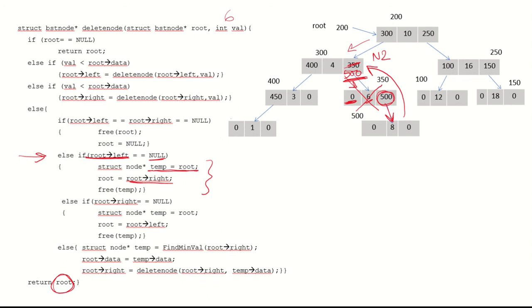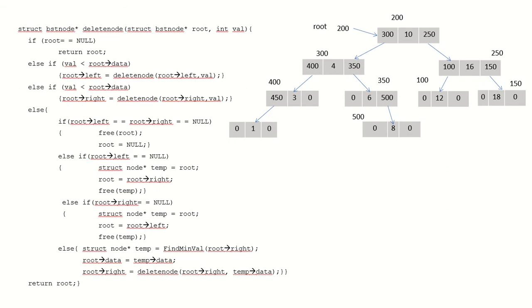Now suppose we have to delete a node which has 2 children, then how will we proceed? Suppose the value that is being passed by the calling function is 4. That means we want to delete a node which has this data 4.